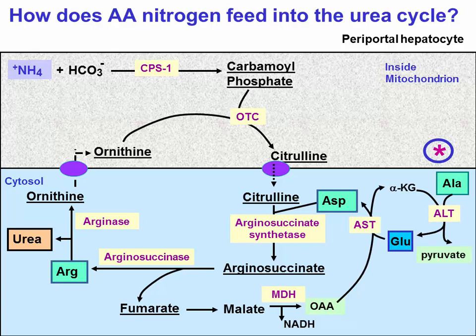One way is that other amino acids come in via transamination and feed into alanine through alanine transaminase, which helps us get to AST. Alanine is a major way, but other amino acids can transaminate with ALT, with alanine, to get the amino acid nitrogen into the pathway this way.